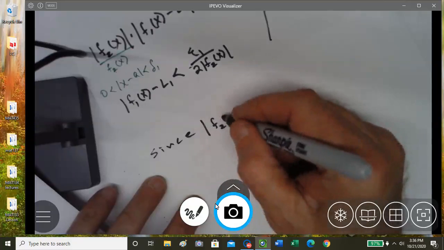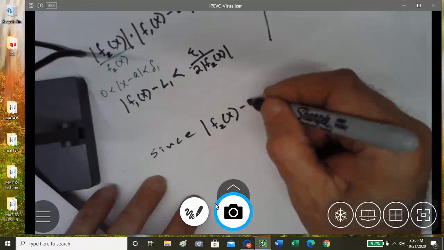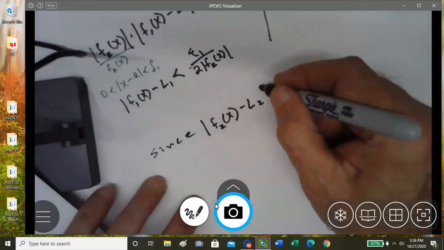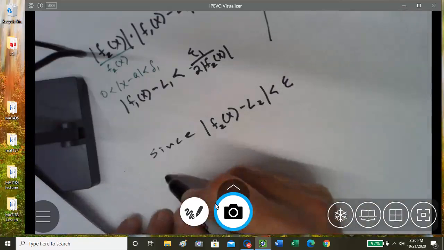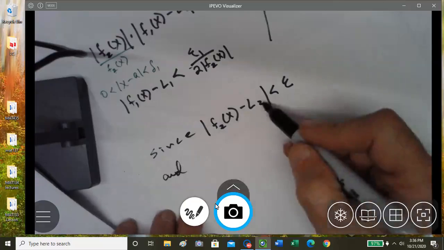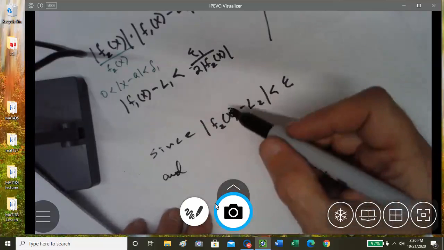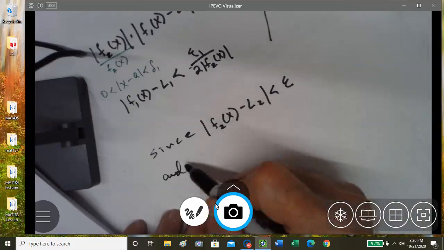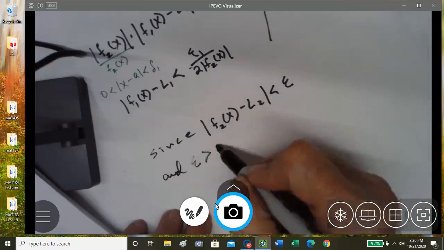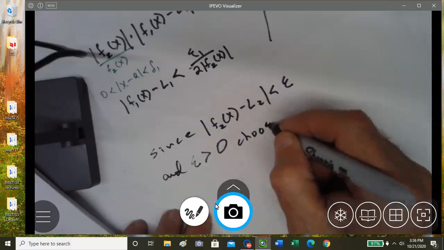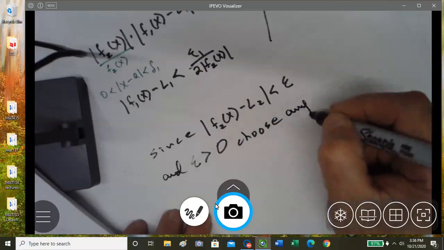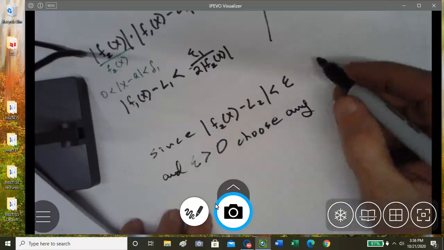If we just looked at the absolute value of f2(x) minus L2 is less than epsilon, and we're looking at this as any f2, and epsilon is greater than 0, then we can choose any value for epsilon.